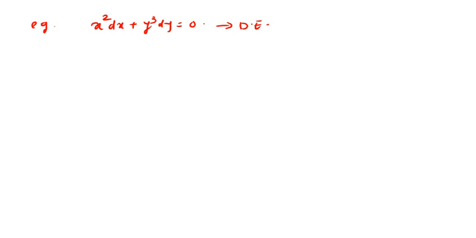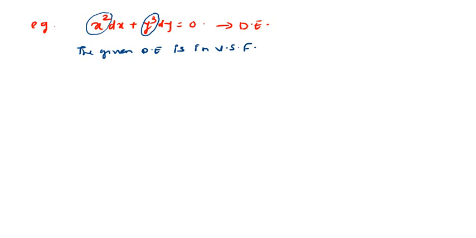You just need to observe the functions. If the first is a function of x alone, the answer is yes; if the second is a function of y alone, the answer is yes. So the given differential equation is in variable separable form.